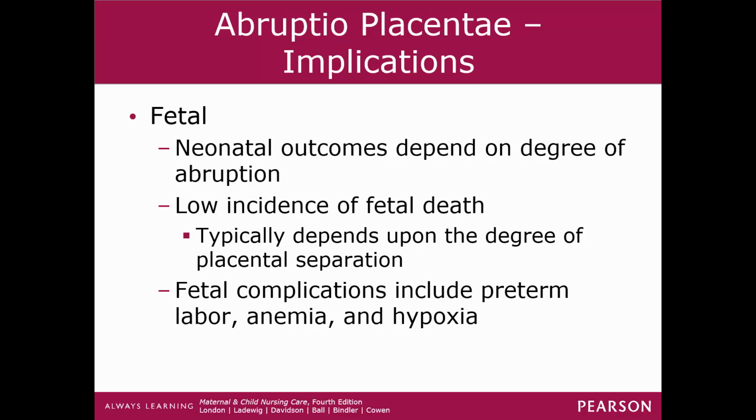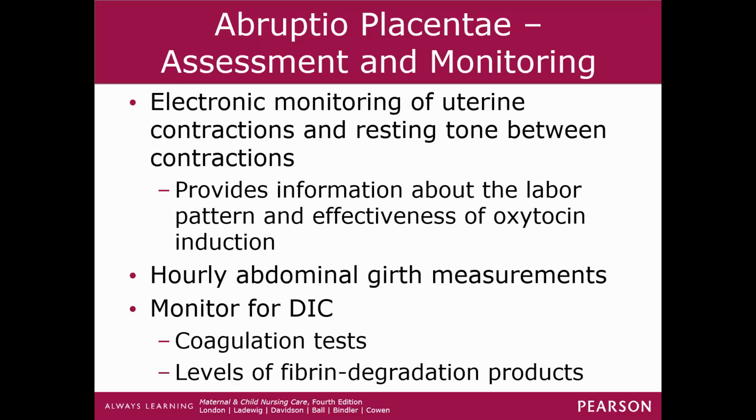Now hopefully if she just has a marginal abruption, our hope is that that would clot off, okay, and she would stop bleeding and the pregnancy would continue. But if not, then we need to get this girl delivered, because if mom can have hemorrhage, then baby is going to have problems associated with that.